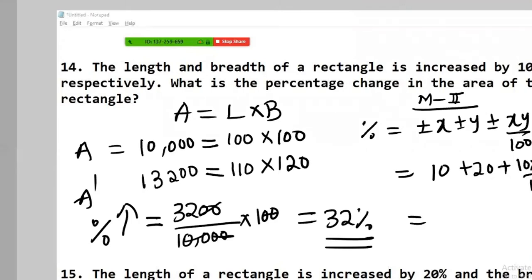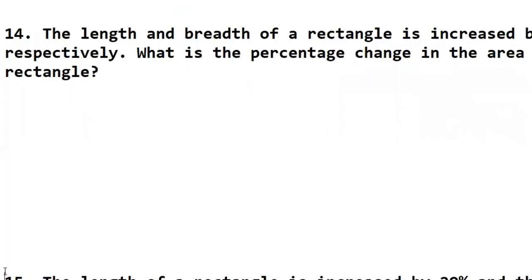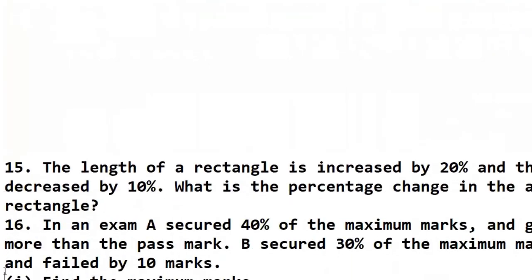That is 10 plus 20, 30, plus the zeros cancel, 2, so this is going to be 32%. I hope you are clear with the two methods. Next.